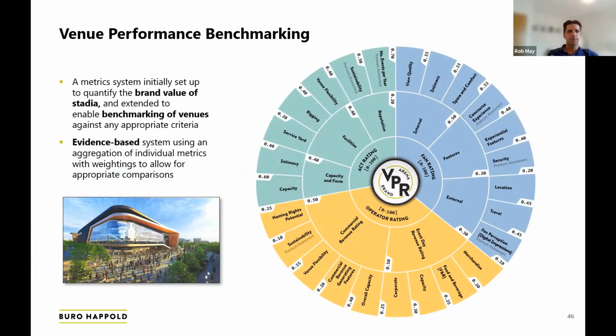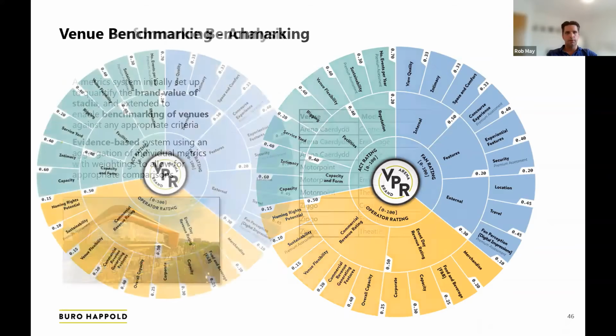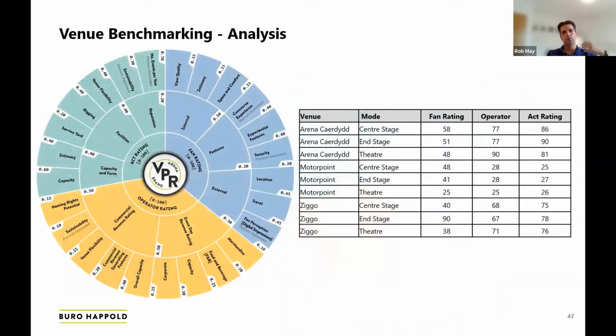We used the venue performance benchmarking that we've developed, an evidence-based system that takes the project outcomes, whether it's the sustainability of the project, the operator requirements or the fan experience, and puts them into a numerical construct that allows us to score one venue against another.